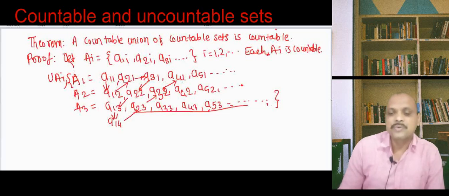Now how have we arranged? Suppose that i and j are the suffixes. This is an element with suffixes i and j.